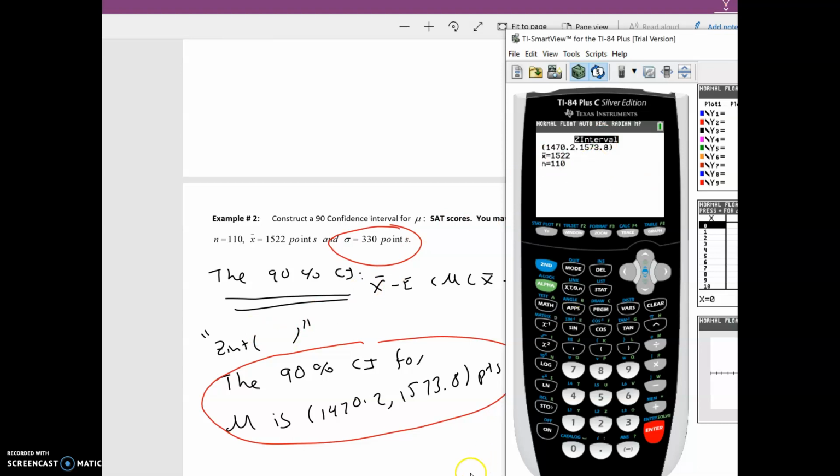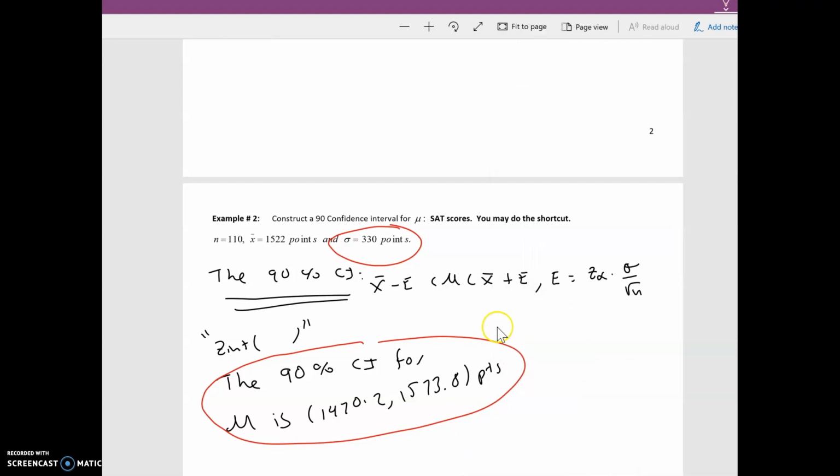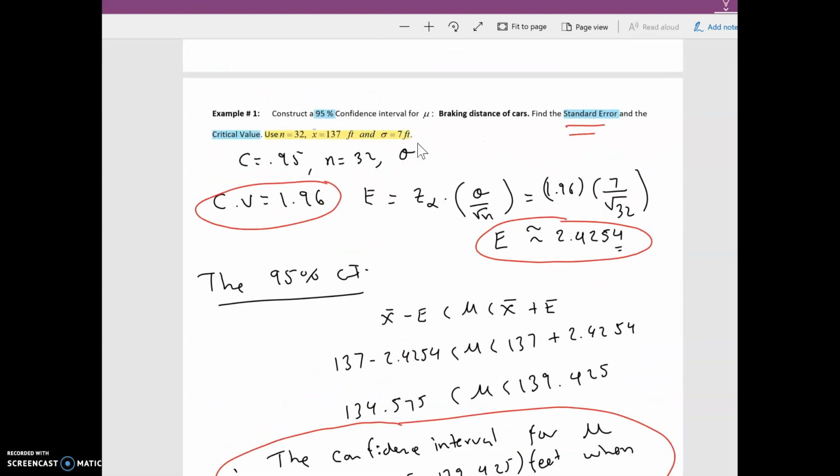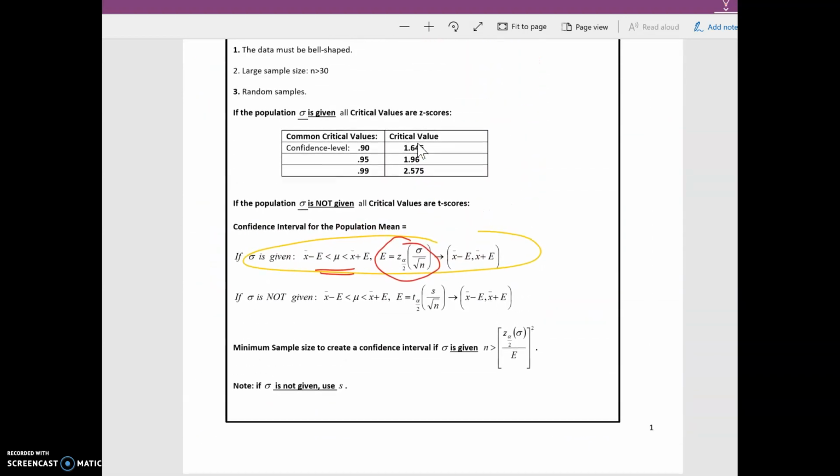For any problem where you're just doing the shortcut, you're still required to provide the formula and the standard error, and you only provide the critical value if they're actually asking. If they were asking for the critical value, because it's 90% for this particular one, your critical value would have been 1.645.